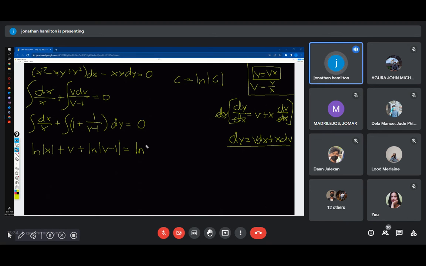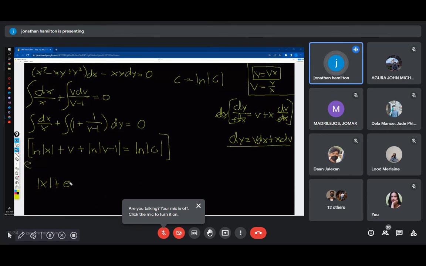So we could say this is ln of c. We transpose, then raise to e, or exponentiate the equation. So we're left with x plus e raised to v plus v minus 1.